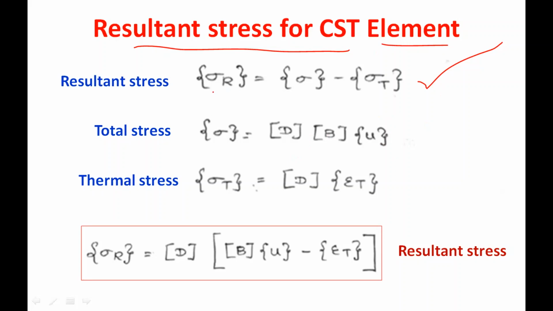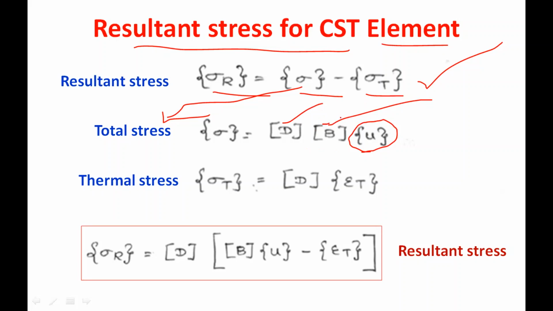Sigma R, resultant stress, is sigma minus sigma T, where this sigma is the total stress evaluated by using the displacement arrived from the element characteristic equation. So D is the constitutive matrix, B is the gradient matrix, then U is the displacement matrix. This displacement is evaluated by considering both the structural load and the thermal load. That is why it is called the total stress.